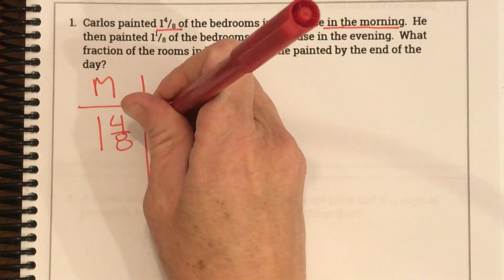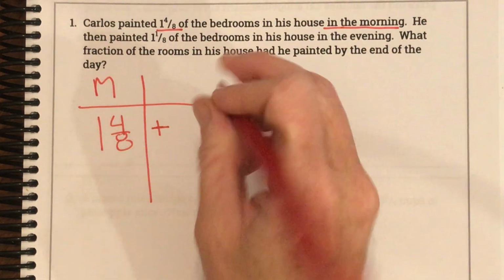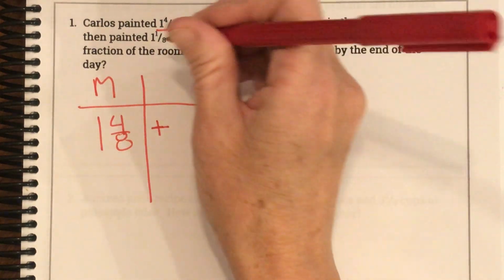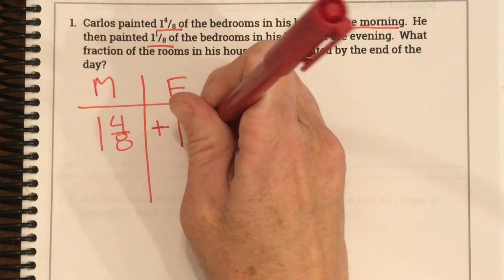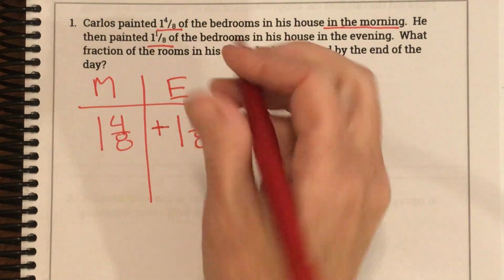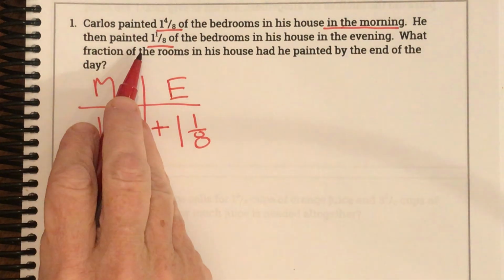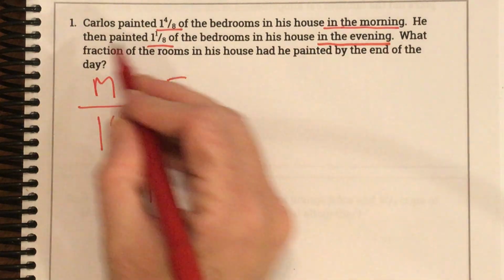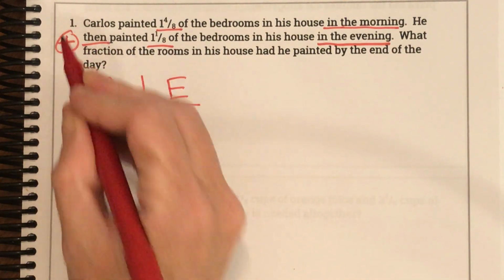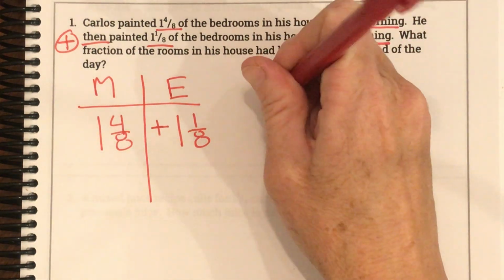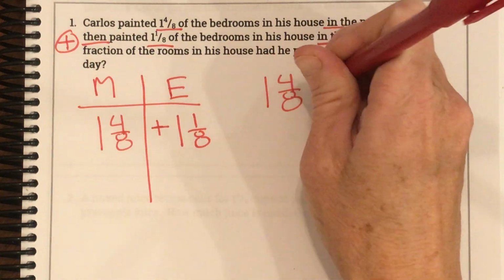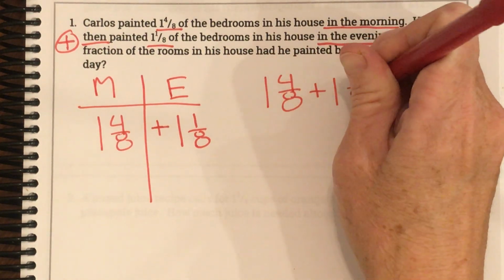Okay, so if he then painted, that means he did more, so I'm going to do an addition. So in the evening, he painted 1 1/8. When it says he then painted, that makes me know I'm going to be adding. Okay, so I know my equation then is 1 4/8 plus 1 1/8.